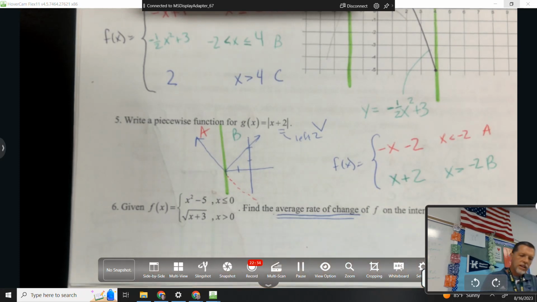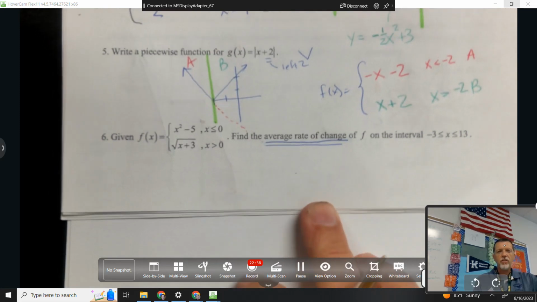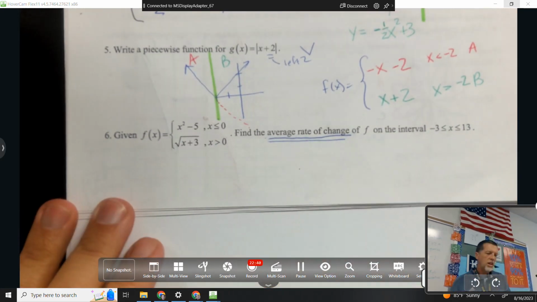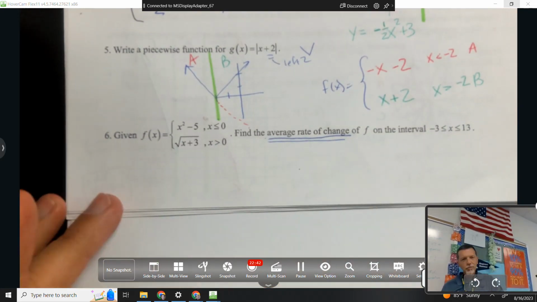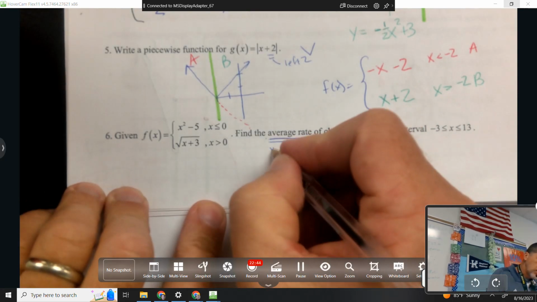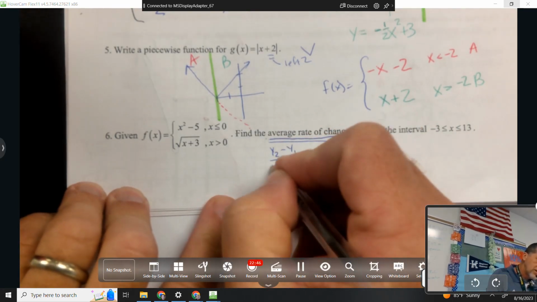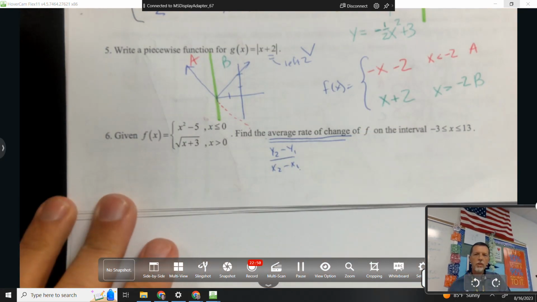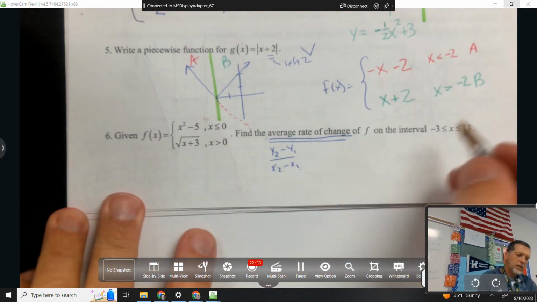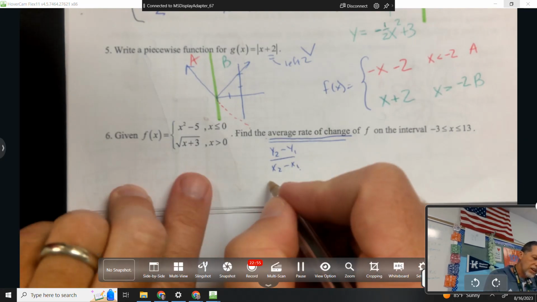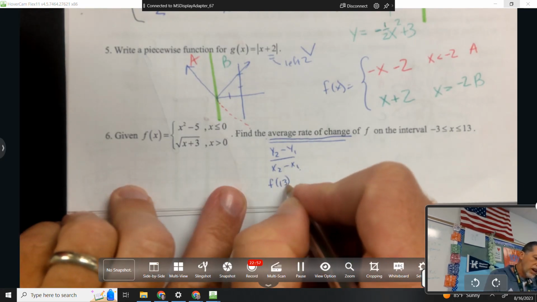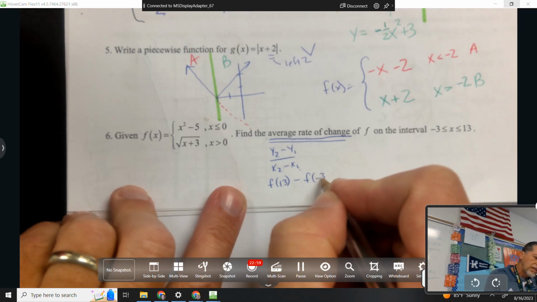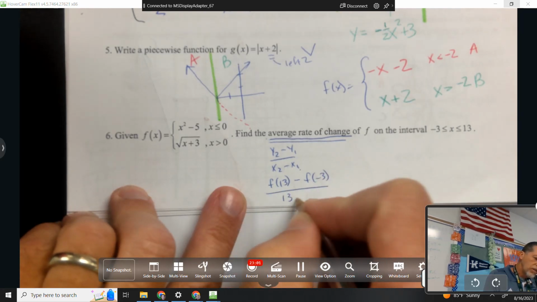Let's see, average rate of change. It's piecewise, but let's think average rate of change first here. What does average rate of change mean? Slope. Good old Algebra 1. So the average rate of change from -3 to 13 is f of 13 minus f of -3 over 13 minus -3.